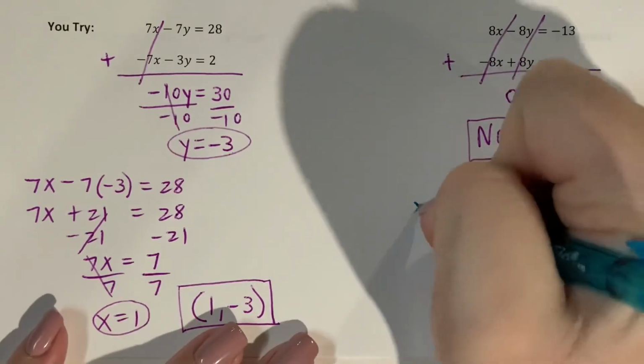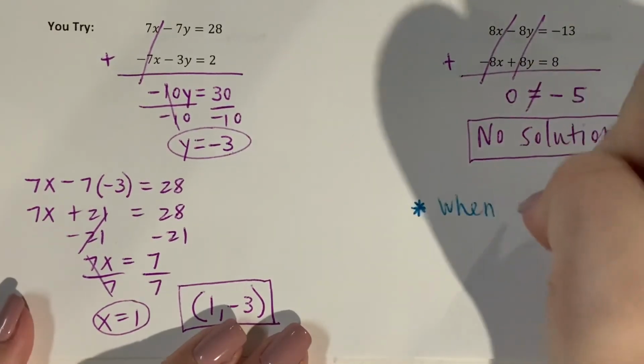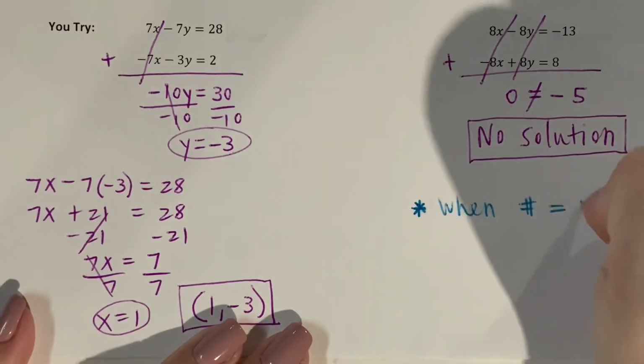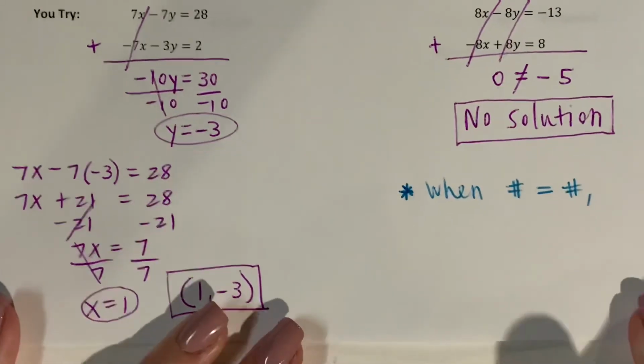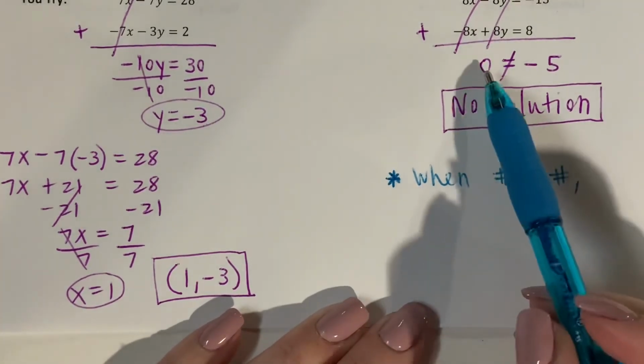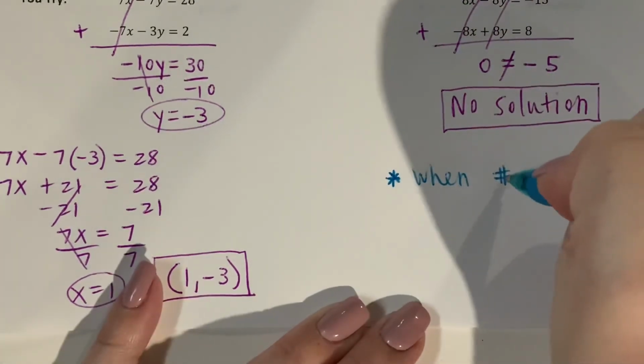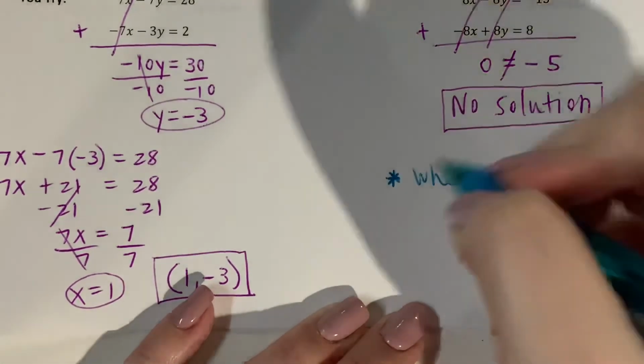So let's add a little note here that when we get that a number is equal to a number, and maybe you already remember that, let's say if here we had negative 5 equals negative 5, or a number that is equal to a number, then there are infinite solutions.